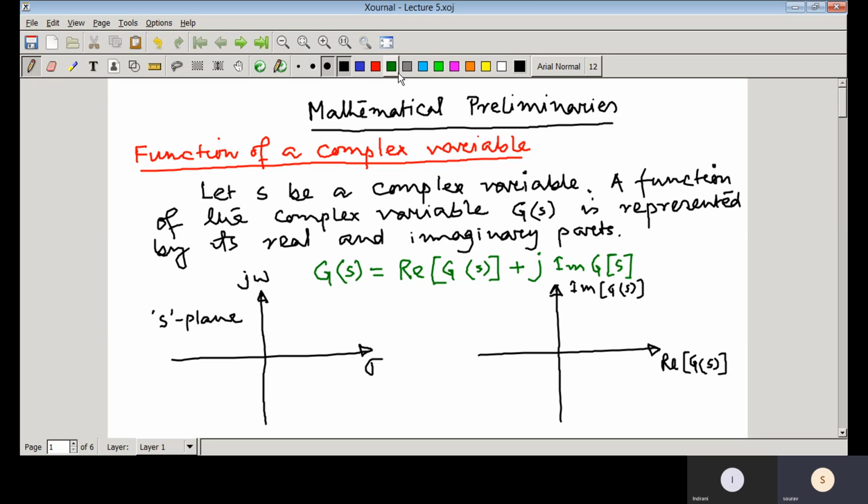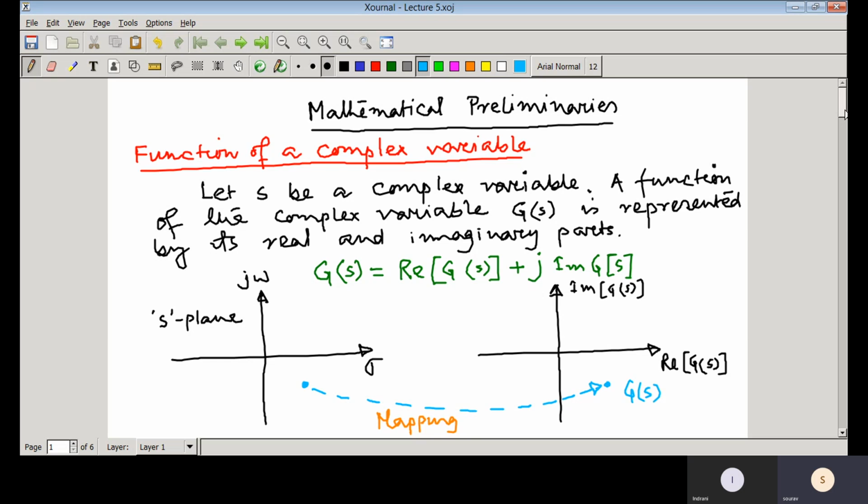If you take any point here in the s plane and map it through G(s), you get another point, mapped from the s plane to the G(s) plane.